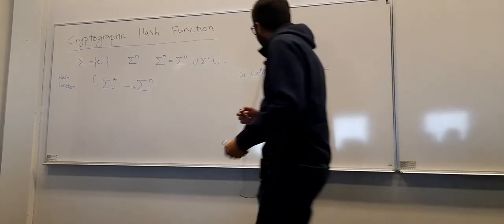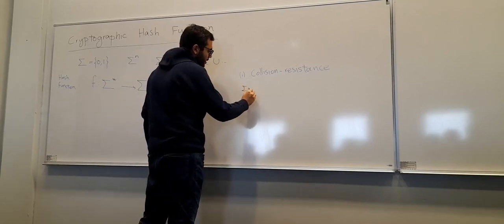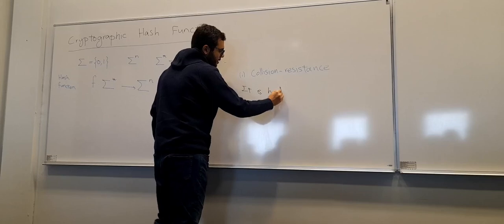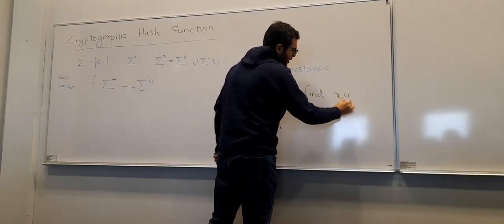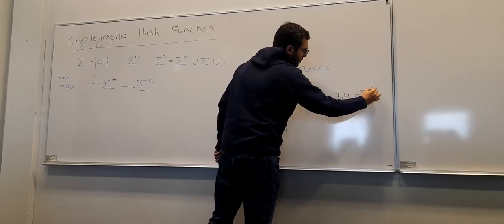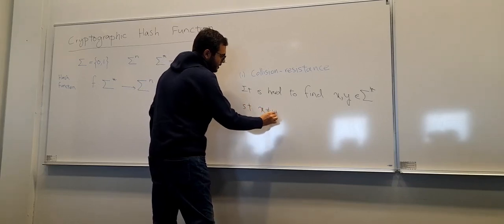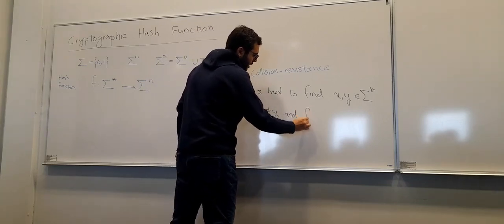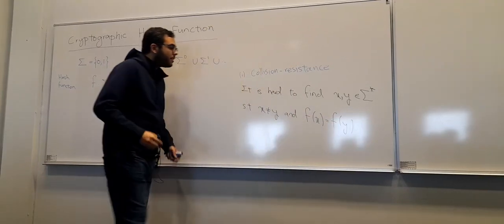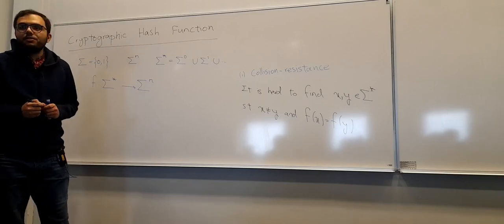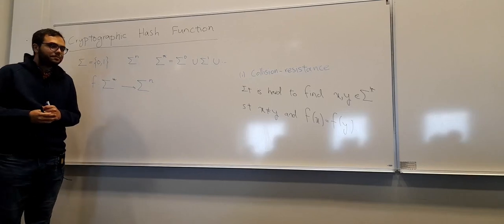So when I say a hash function is collision resistant, I mean that it is hard to find two different strings, two different inputs, x and y, such that, of course, I want them to be different, but I also want them to have the same hash. Okay? So I say my hash function is collision resistant if it's hard to find x and y like this.